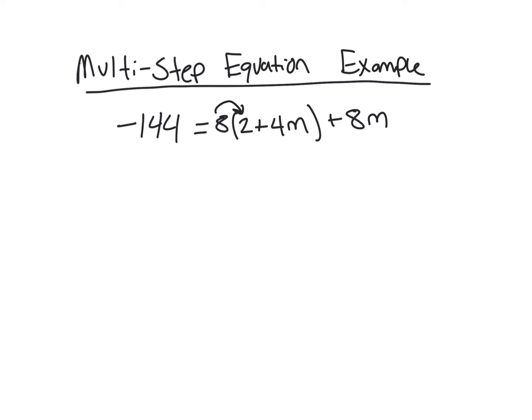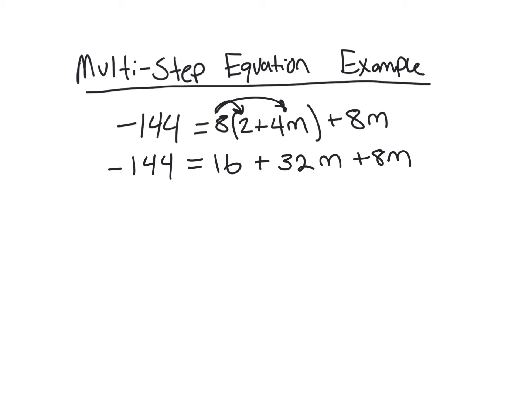So we're going to distribute this 8 to my two terms inside of my parentheses, and I'm going to end up with -144 equals 16 plus 32m plus 8m. Okay, and again, I can remove the parentheses because we now only have addition of terms.